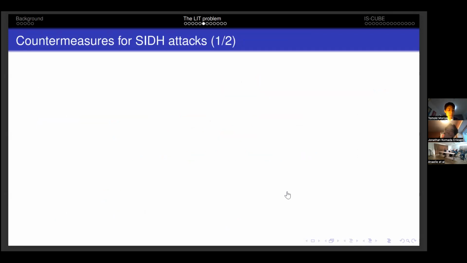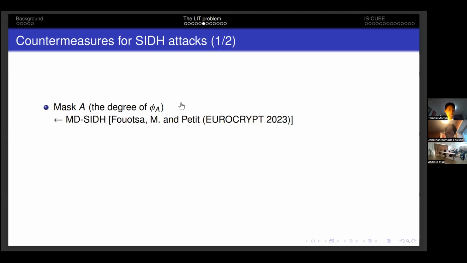So there are some countermeasures against this type of attack. The first countermeasure is to hide the information of the degree of phi A. This is related to MD-SIDH. The other approach is to hide the information of the torsion points by some scalars.